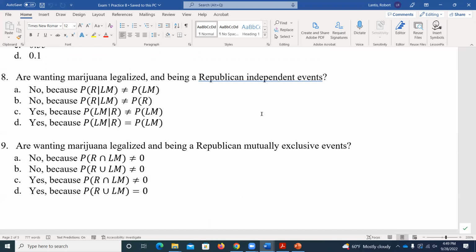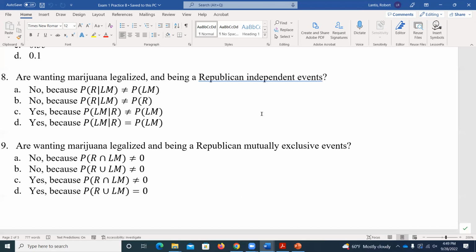So we know it's going to be either A or B. From there, we should rule out anything where we're not comparing the events on the left side of our conditional line to the unconditional. So here, we know the answer is no. We're comparing the conditional probability of being Republican to the unconditional probability of wanting marijuana legalized.